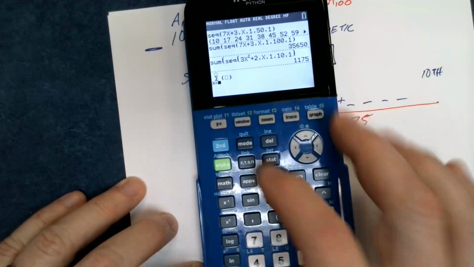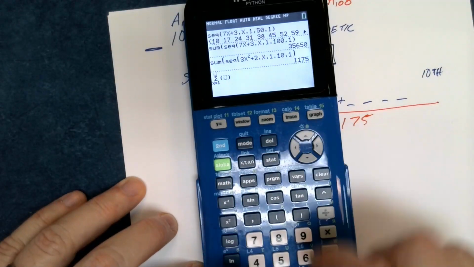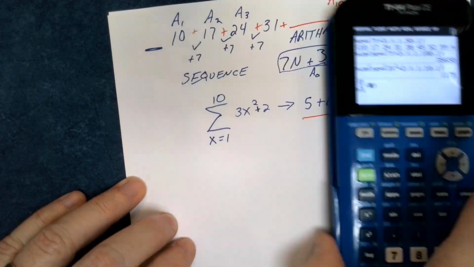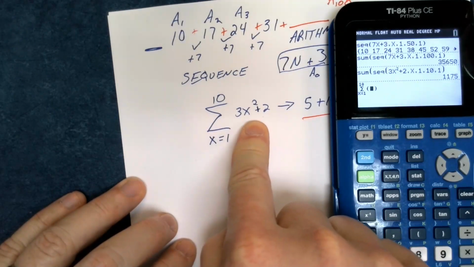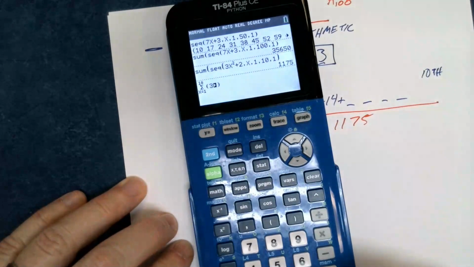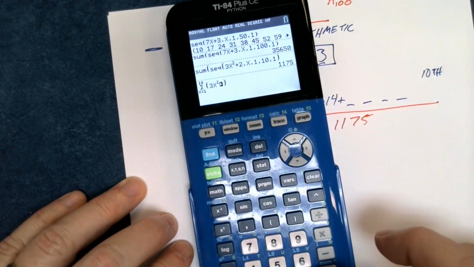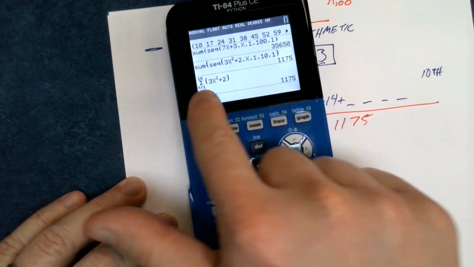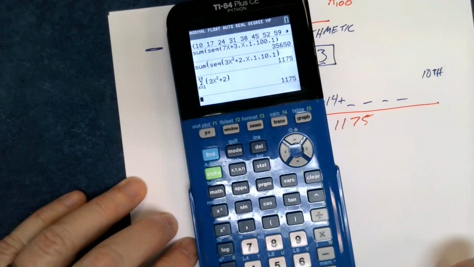So I'm going to go x equals 1, I go up arrow, I choose 10, I go to the right, and I put in the expression or the equation that it's going to generate this sequence. 3x squared plus 2. And then I hit enter, and you can see that that also gives me 1,175.